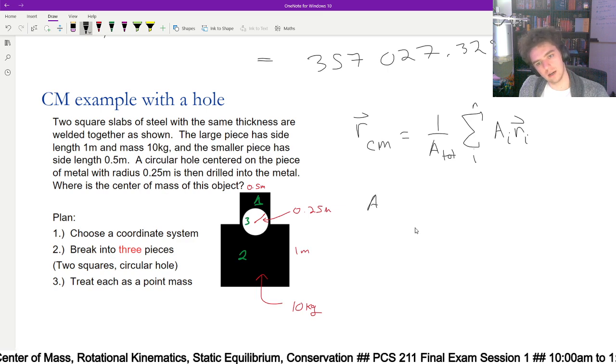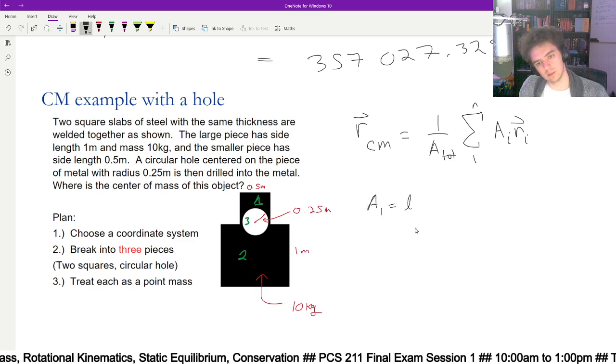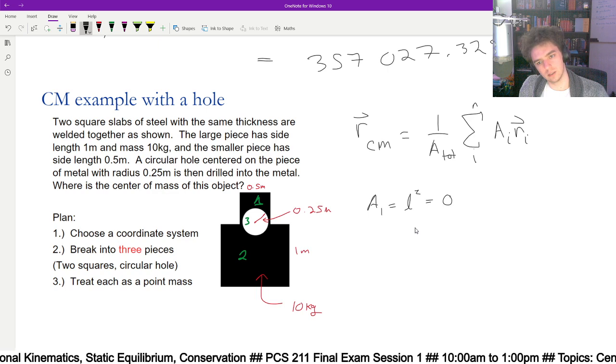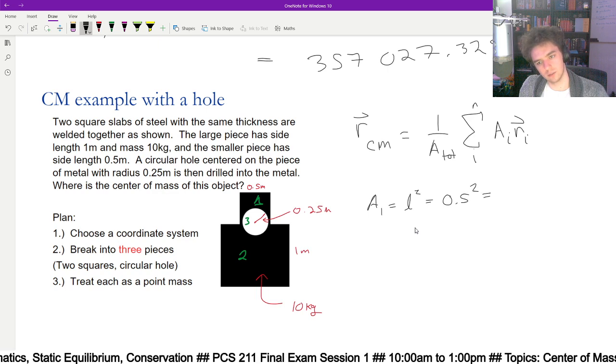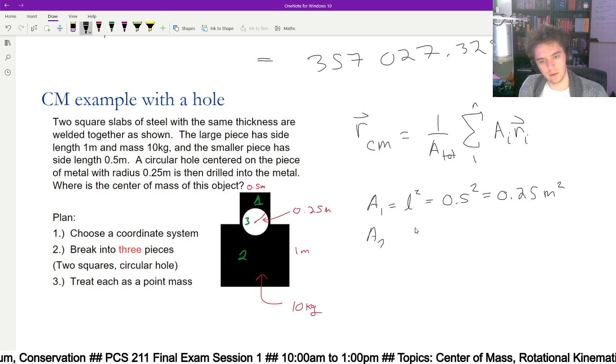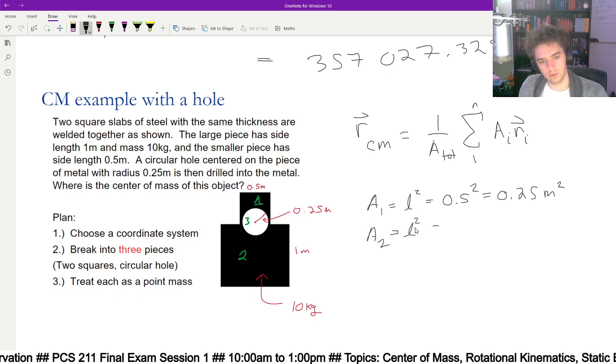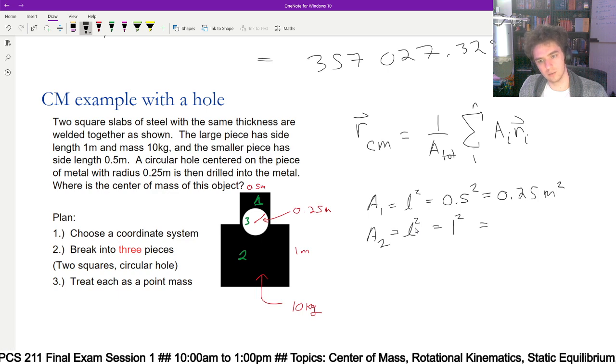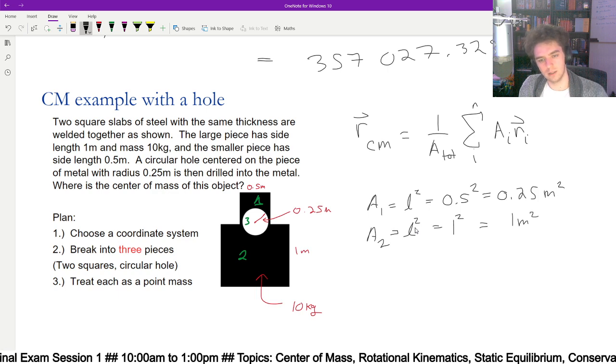Okay, so area 1 is of course side length squared, which is 0.5 squared, which is 0.25 meters squared. Area 2 is again side length squared, which is 1 squared, which is 1 meter squared.